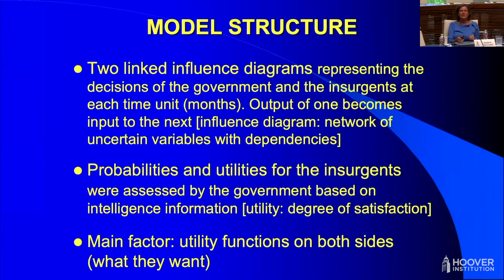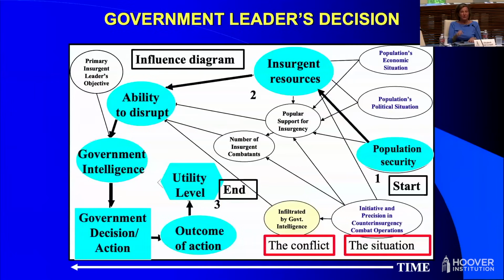An inference diagram, if I have not said it, are networks of uncertain variables with their dependencies. So we used the probabilities and the utilities for the insurgents as assessed by the government based on intelligence information. And again, the utility is the degree of satisfaction. The main factor, again, was the utility function on both sides and what do they want.